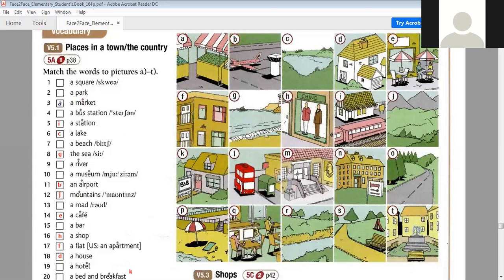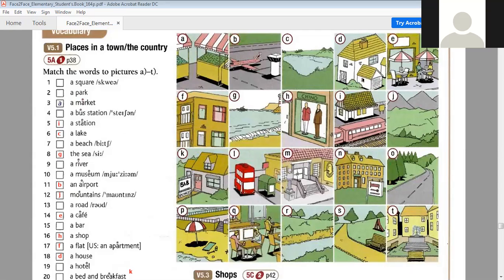Hotels are usually big companies. Correct. And a bed and breakfast may be a family, or more than one family, that has this house. That's correct.